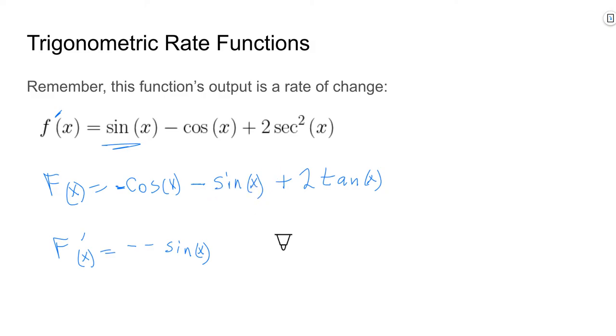If I take its derivative, that'll give me cosine x, and the negative will just stay there, right? Because it's positive cosine x. Okay, that's looking good. And then 2 tan x, well, the 2 is just a multiplier, so that sticks along. Derivative of tan x is secant squared x, which is what we had, so it works.